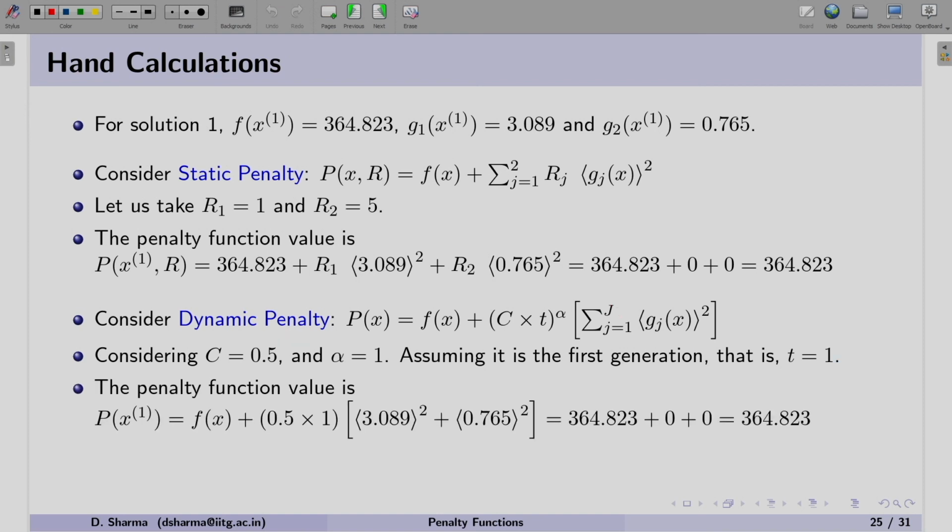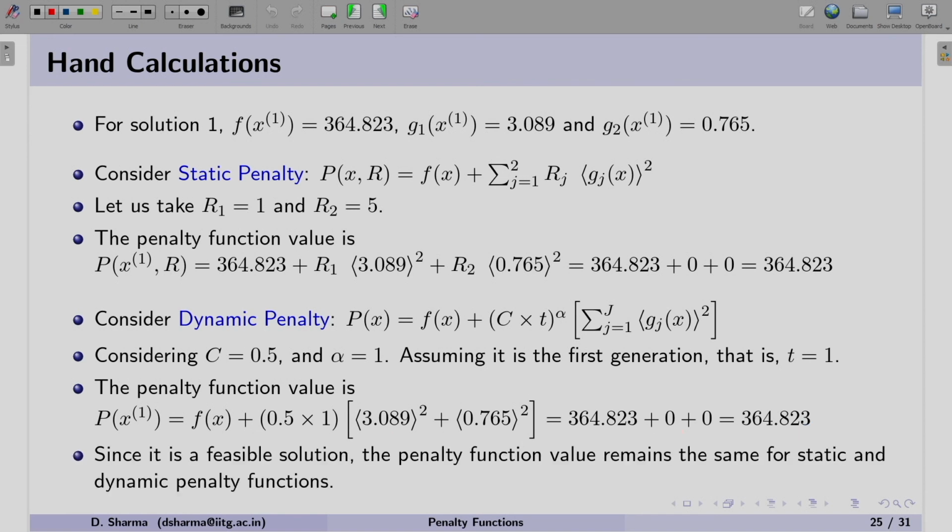If we fit these values here, there is no r, as you can see, and since the g1 and g2 values are greater than 0, we have taken 0 here. So the overall penalty term is 0, and we get the penalty function value same as the objective function value.